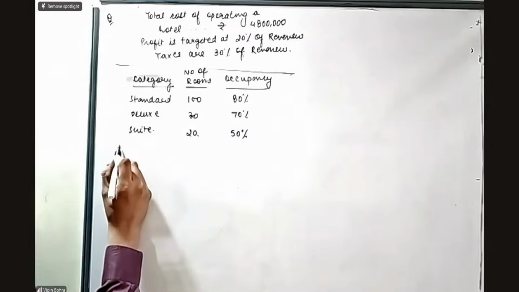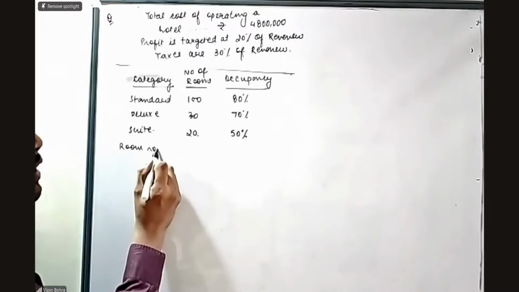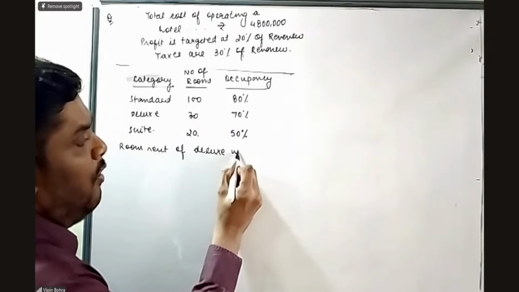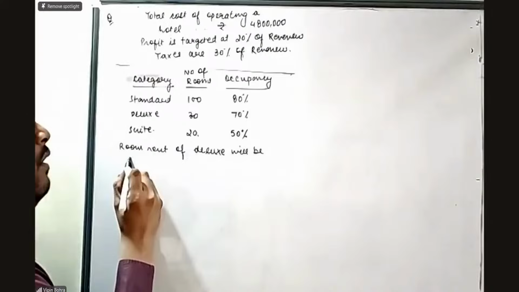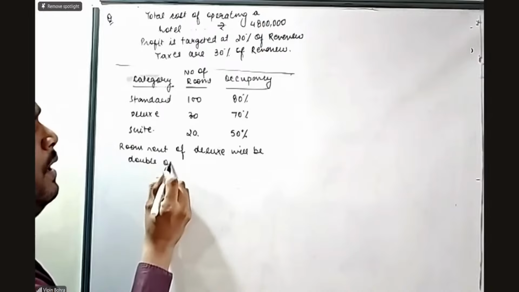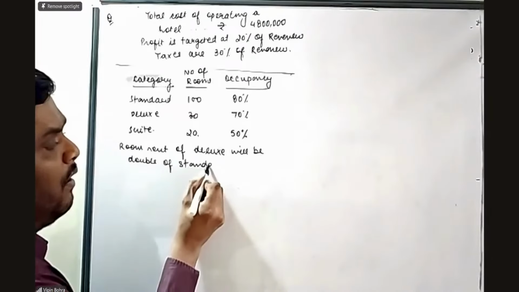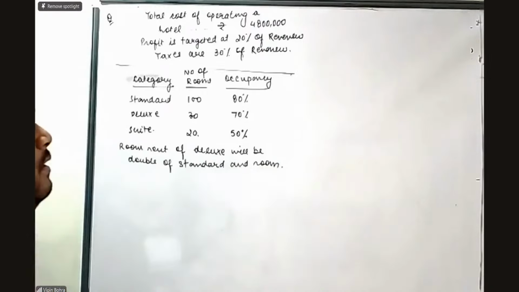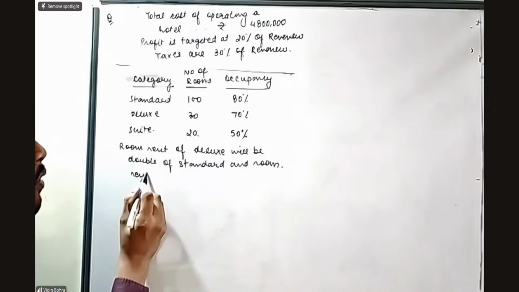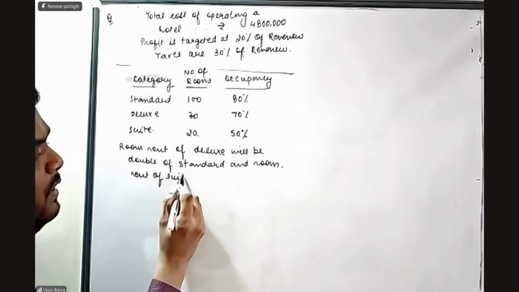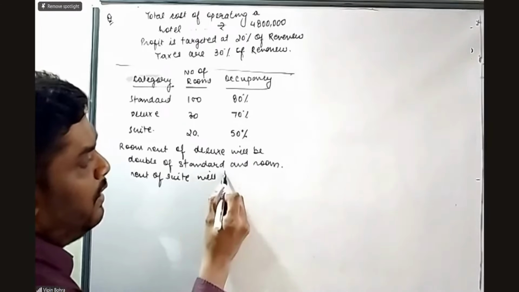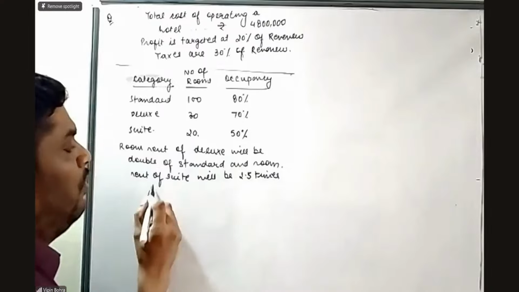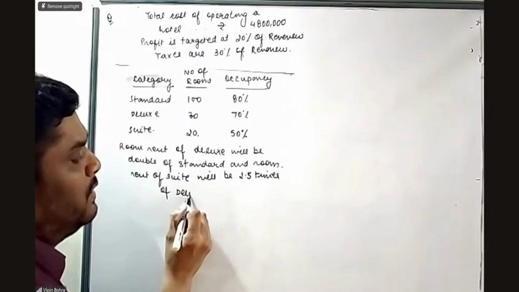Further, the room rent of deluxe will be double of standard, and room rent of the suite will be 2.5 times of deluxe.